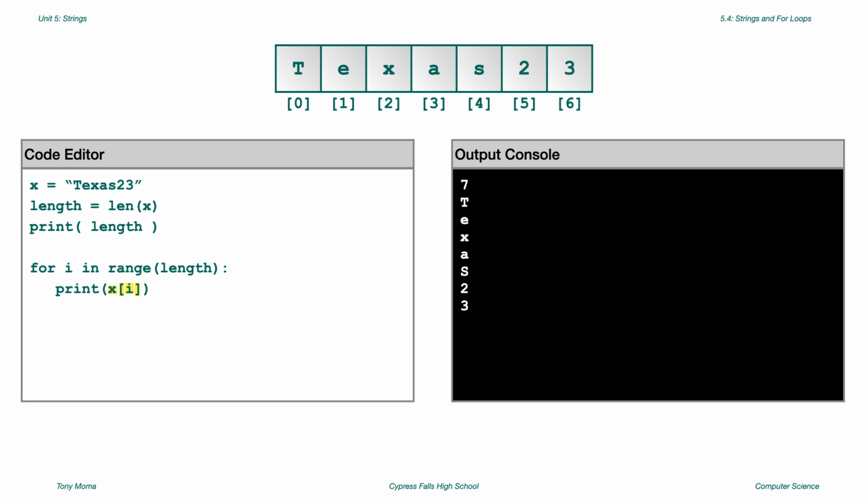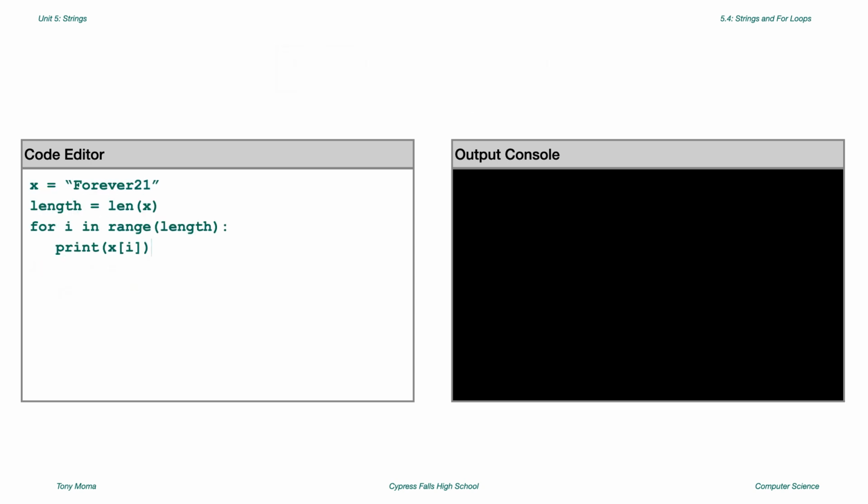Notice that this for loop accomplished the same task that the first example in this video accomplished, but only needed 1 print statement to do it, while the first example needed 7 print statements. Moreover, if I were to come back tomorrow and change x to a string value with a different length, I still will not need to change my for loop. The for loop will still only need 1 print statement because it will naturally adapt to whatever the length of the string is.